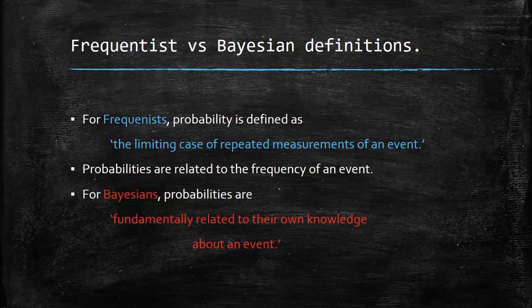And I have my own reasons for saying that, but it doesn't necessarily have to be from flipping a coin or observing the number of times we got a head and so on. It is important to mention that they could make their conclusions based on the frequency of an event, but that is not the fundamental thing. For Bayesians, it's essentially an idea or a value which they arrive at somehow based on their intuitions and their prior knowledge of an event and so on.